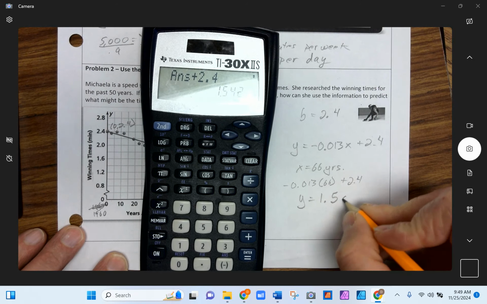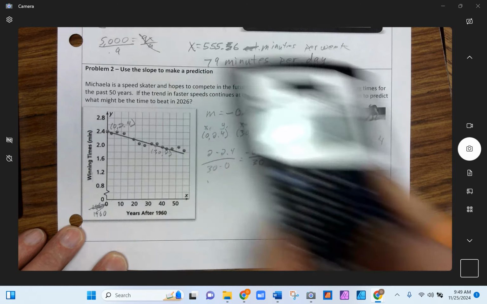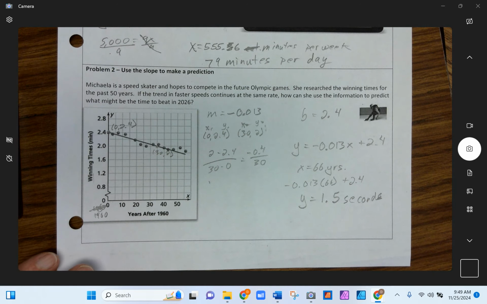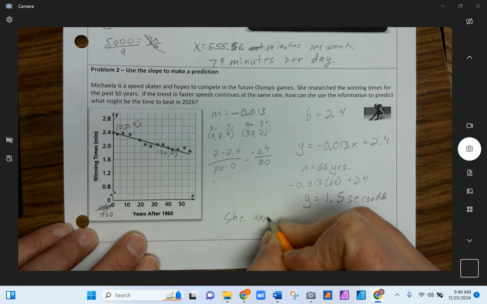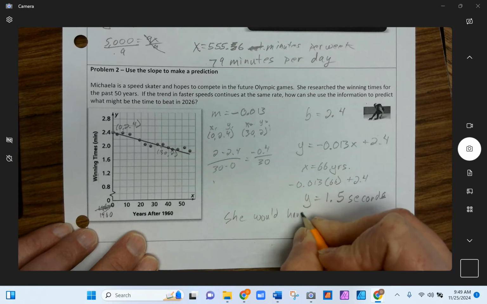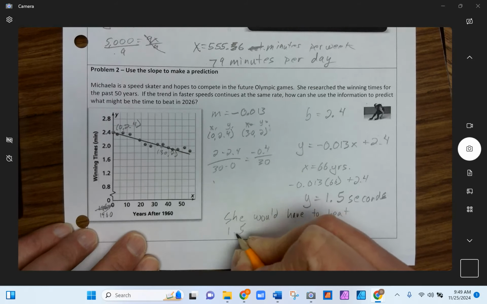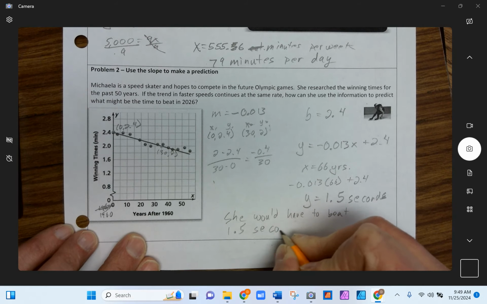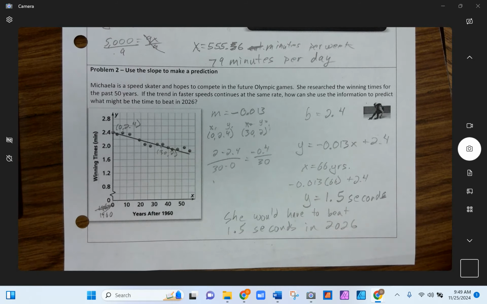Let's say 1.5 seconds. So basically that's the time to beat in 2026, according to this data, is 1.5 seconds, right? She would have to beat 1.5 seconds in 2026.